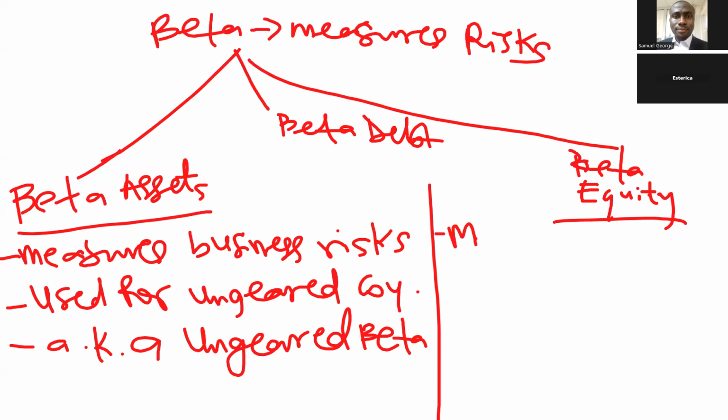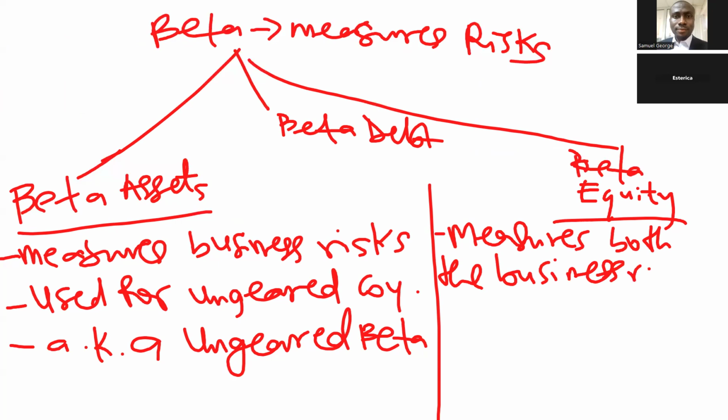The second one, beta equity. Beta equity measures both the business risk and financial risk.